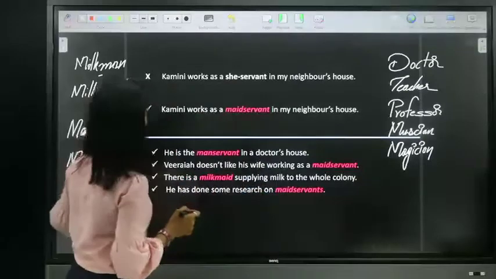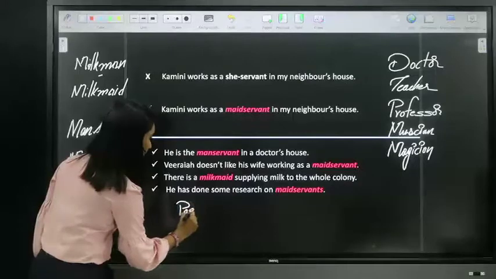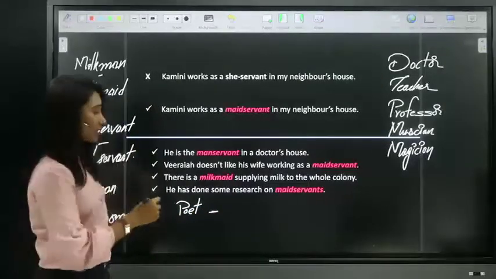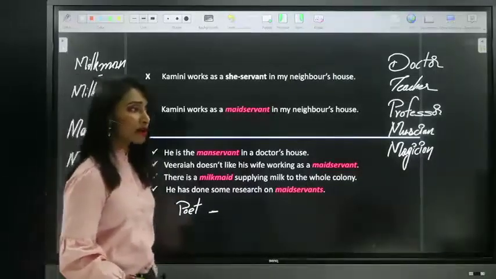But for some nouns we have gender distinction, like poet. So what is the feminine form of poet? Anyone? What is the feminine form of poet?